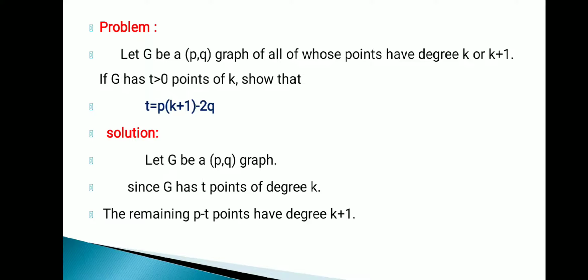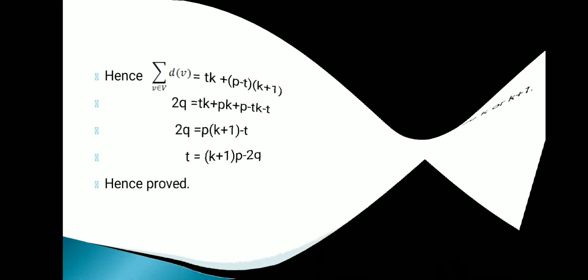Let G be a (p, q) graph. Since G has t points of degree k, the remaining p minus t points have degree k plus 1. Hence, the summation over v in V of degree of v is equal to tk plus (p minus t)(k plus 1).